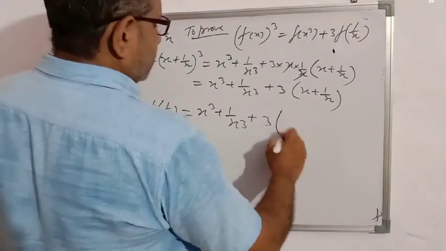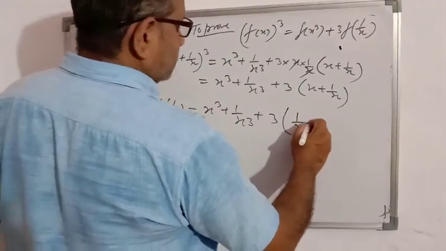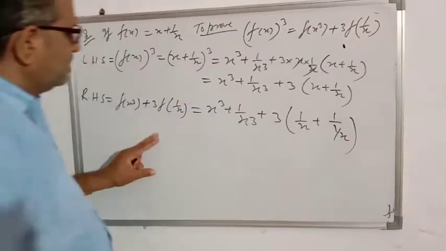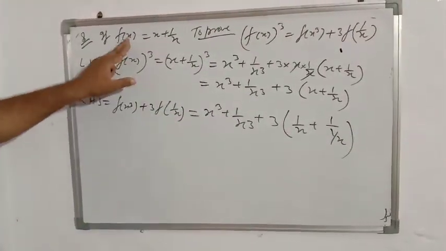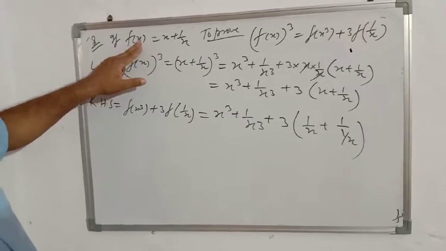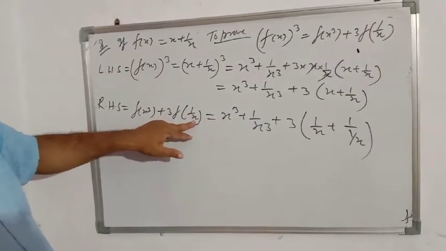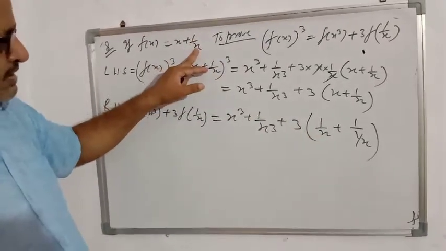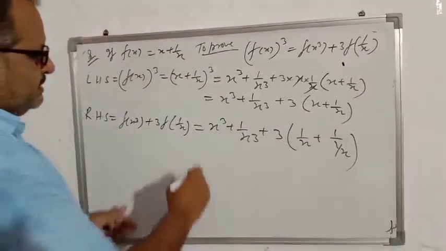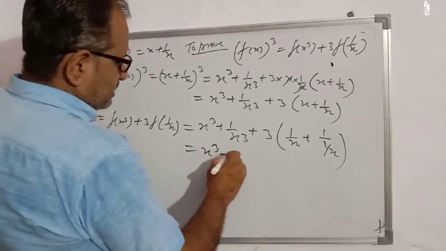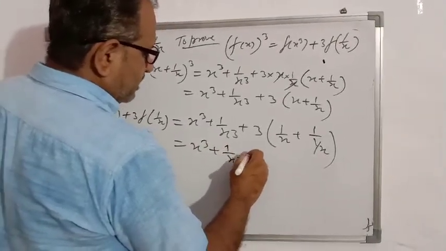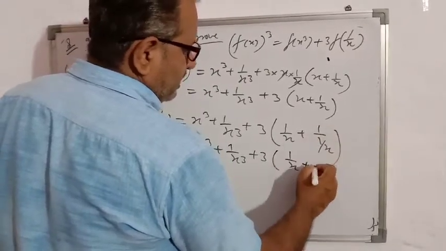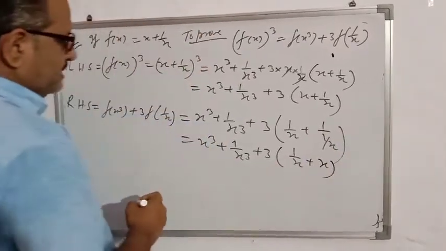So it will be 1 by x plus 1 upon 1 by x, which is 1 by x plus x. So we get x cube plus 1 by x cube plus 3 times (1 by x plus x).